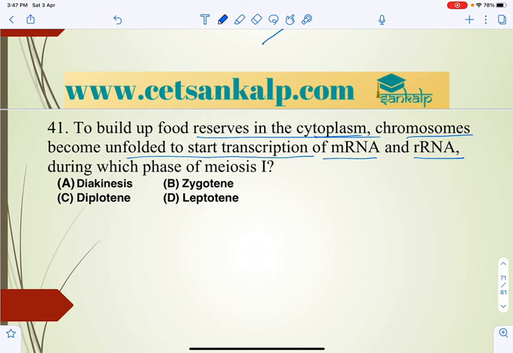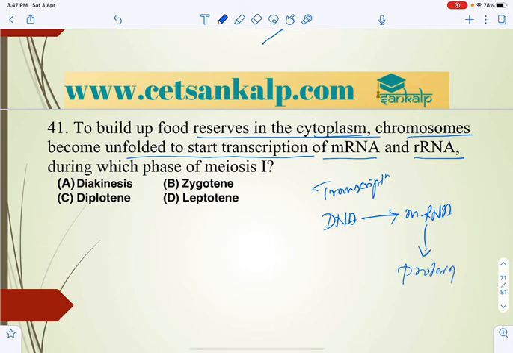In transcription, DNA is converted into mRNA, and mRNA undergoes translation to produce a protein or enzymes.